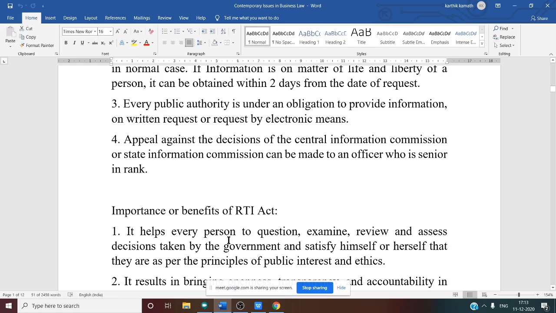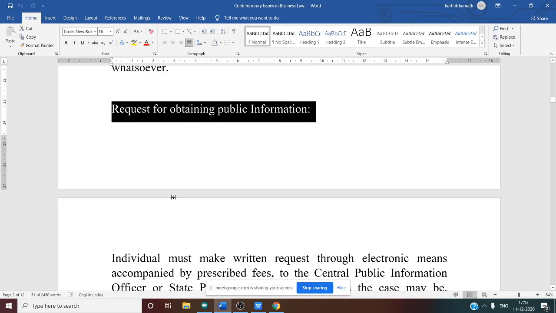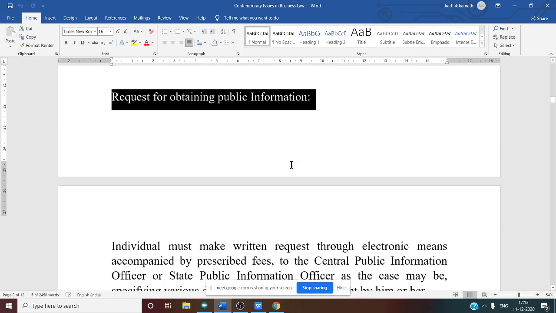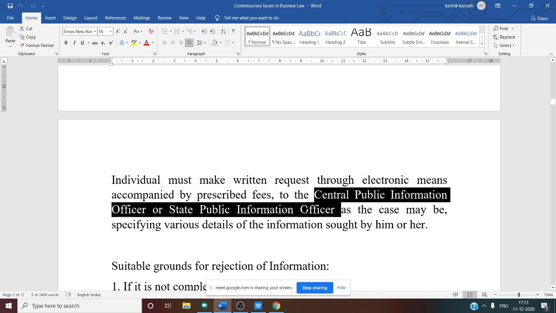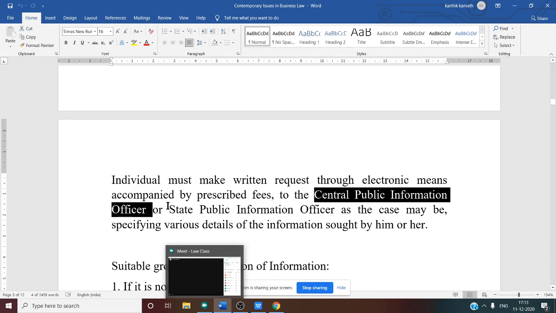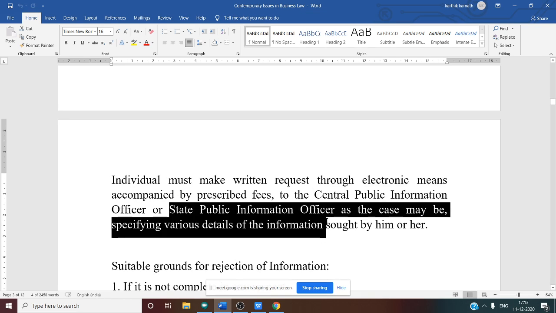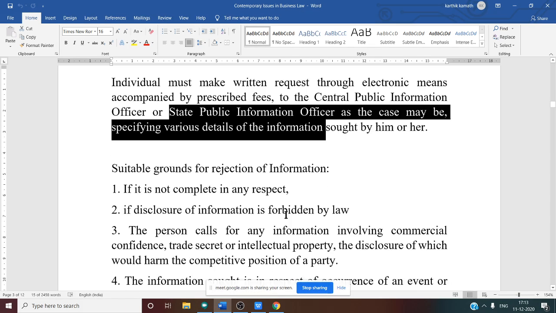Then we discussed the request for obtaining public information, and with whom he has to submit the request. He can approach a Central Public Information Officer if he wants information regarding central government activities or affairs, or he can approach a State Public Information Officer if he wants information regarding the state government's affairs.